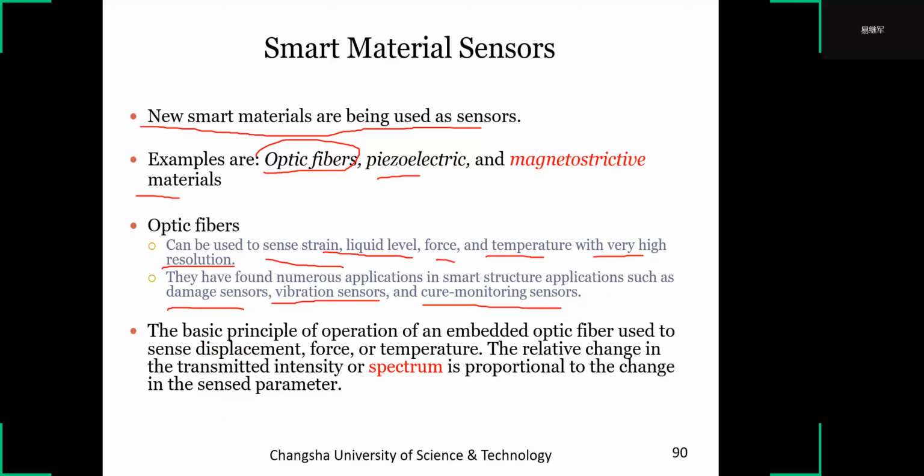The basic principle of operation of an embedded optical fiber used to sense displacement, force, and temperature is that the relative change in the transmitted intensity or spectrum is proportional to the change in the sensed parameter.